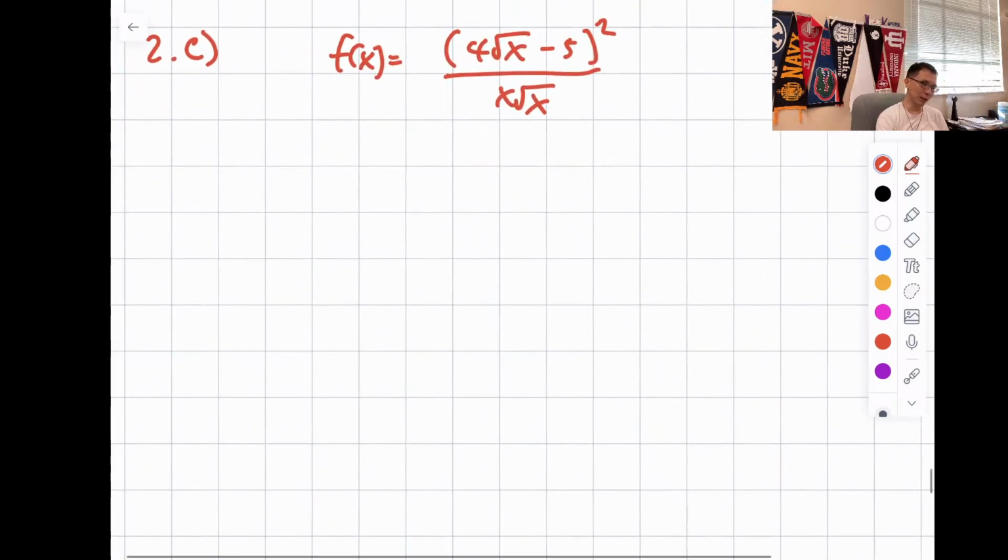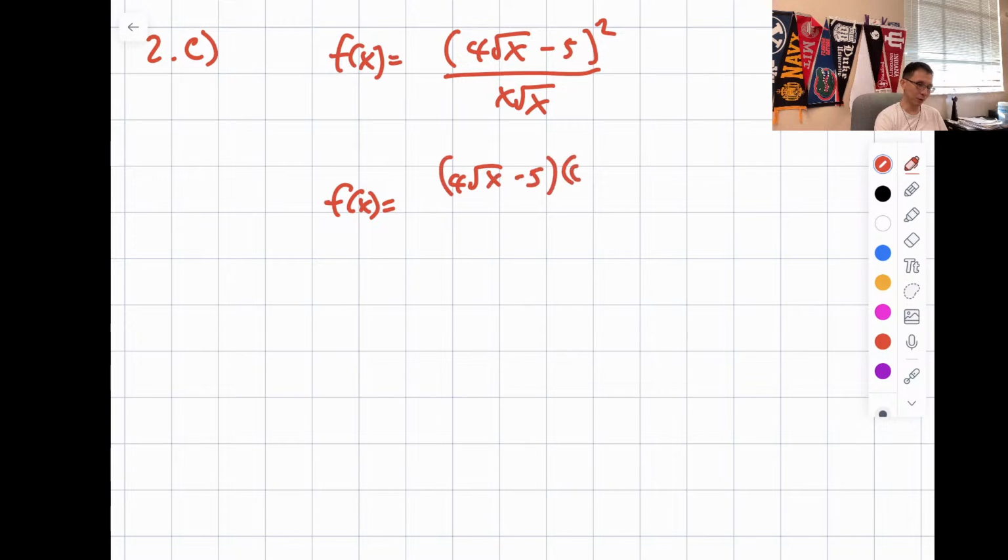So what I will do is not do calculus first. I will expand 4 root x minus 5 times 4 root x minus 5, over x root x.